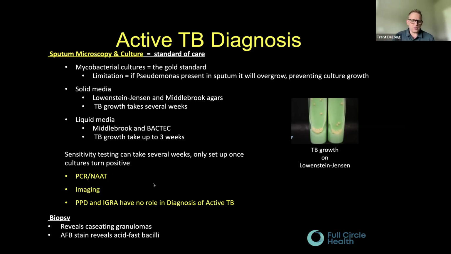Those are solely for latent TB infection testing, as we'll see here momentarily. Additional diagnostic modalities for active tuberculosis include biopsy, which reveals caseating granulomas, and then AFB stain will show acid-fast bacilli, which we saw at the beginning of the lecture.